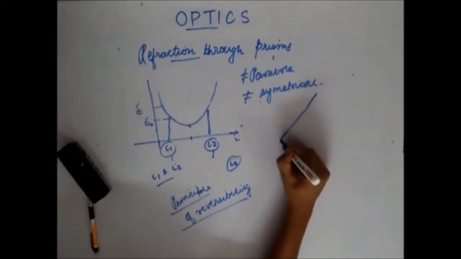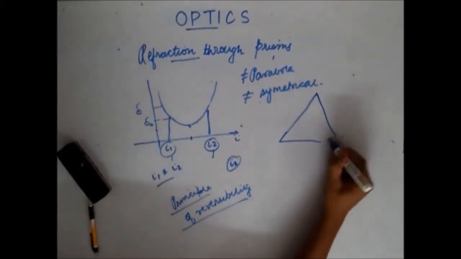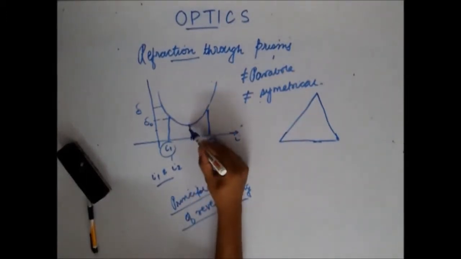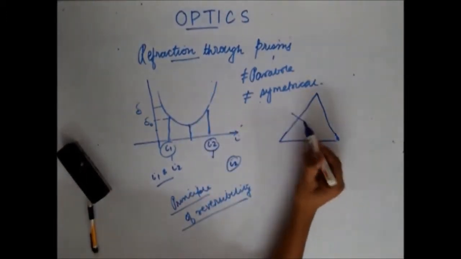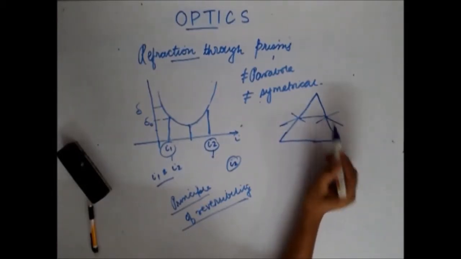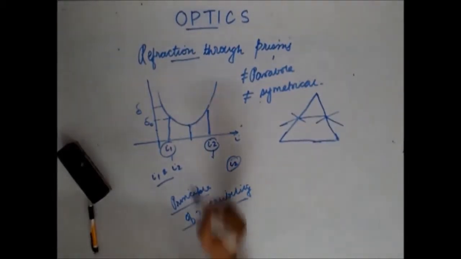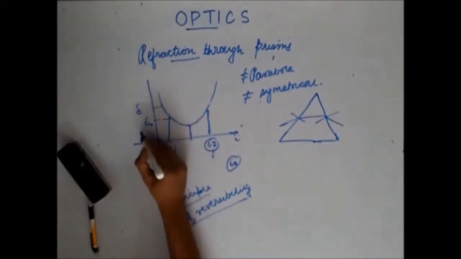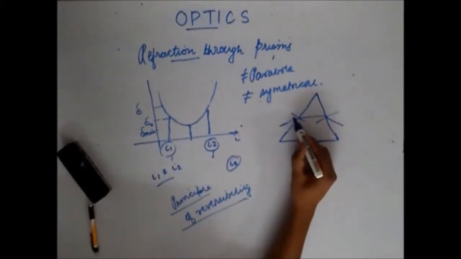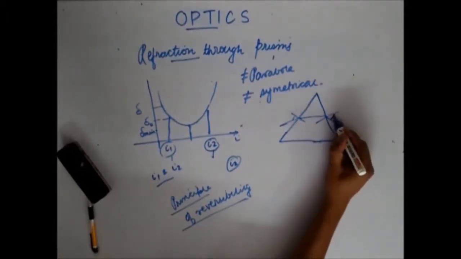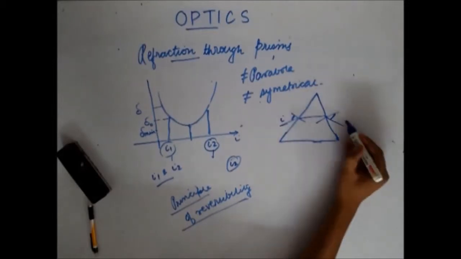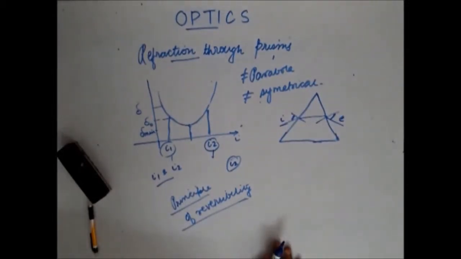So my question is, what is this minimum delta? You see that when delta is minimum, you get a single angle. This is angle I, and this is the emergent angle.